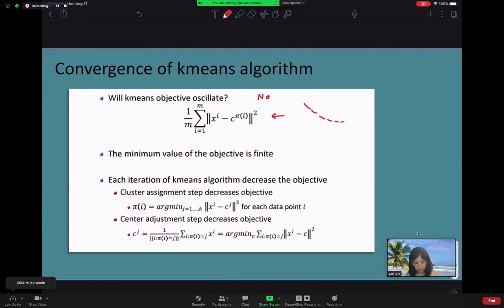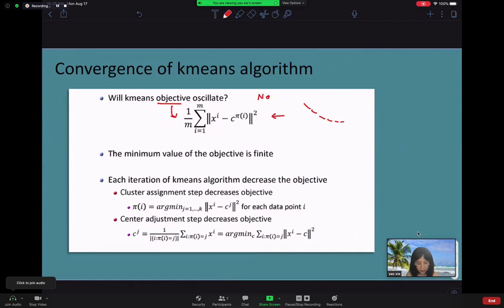If you look at this objective function, and why? Because if you think about the two steps you're doing in the iteration, they're always going to make a change only if it improves, meaning reduces, this objective function. If your new assignment or new centroid is not going to reduce the objective function, you're not going to make the change. Because of that property, your objective function is always going to be monotonically reducing.